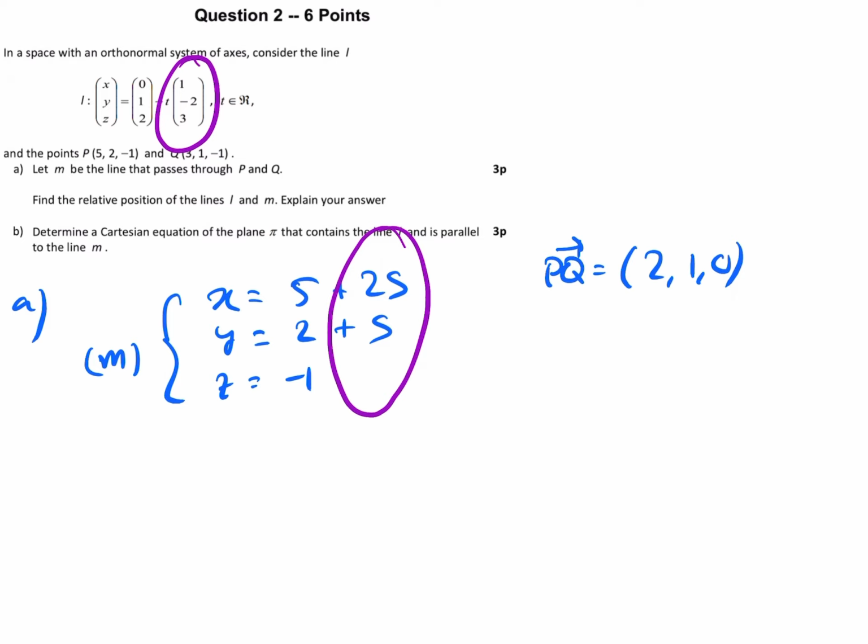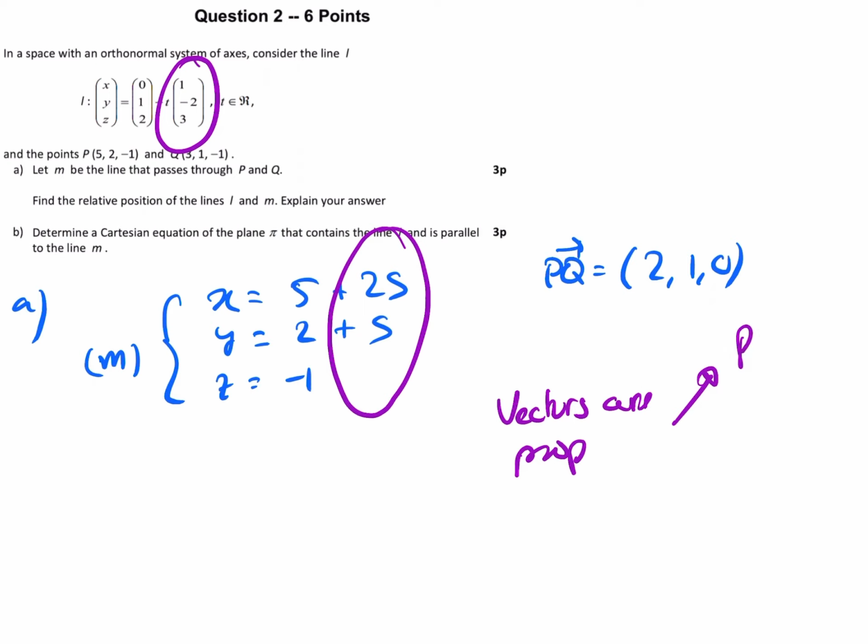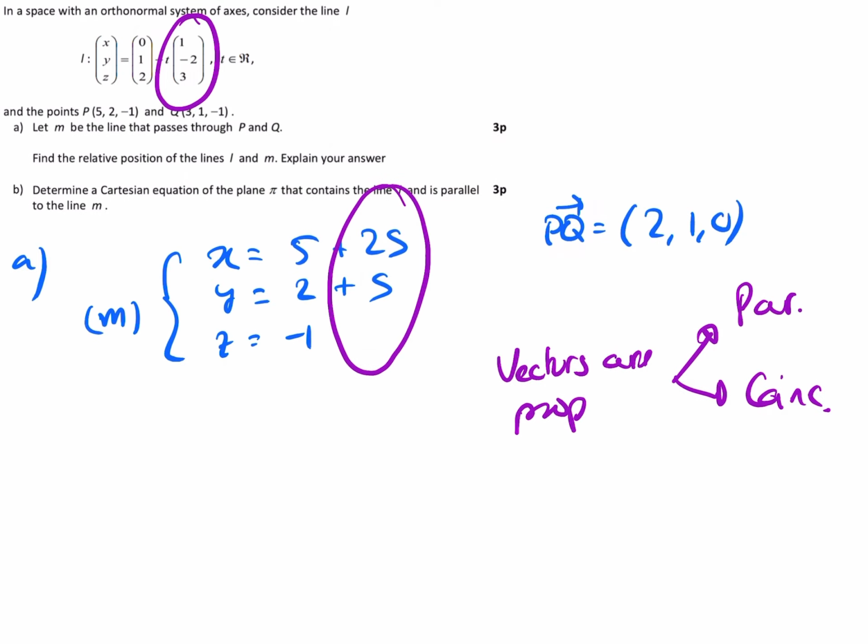If the vectors are proportional, then we can have either parallel lines or coincident lines.